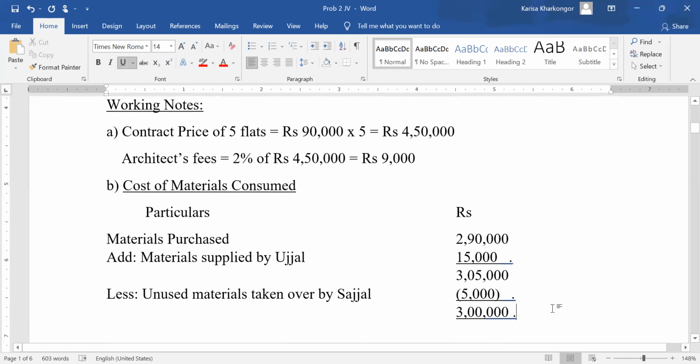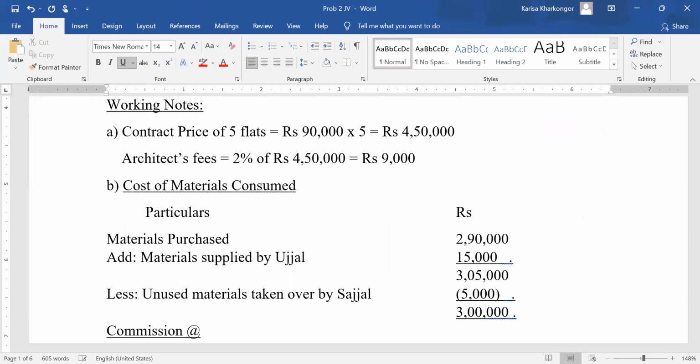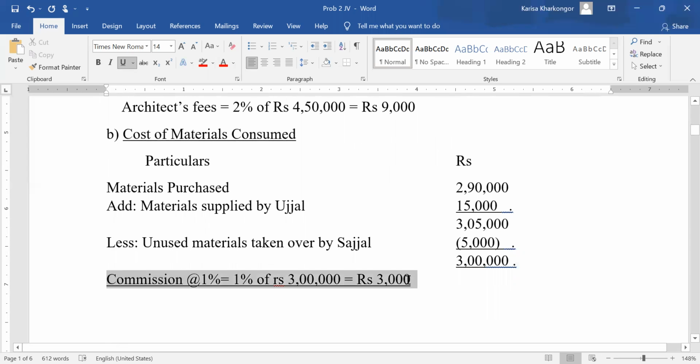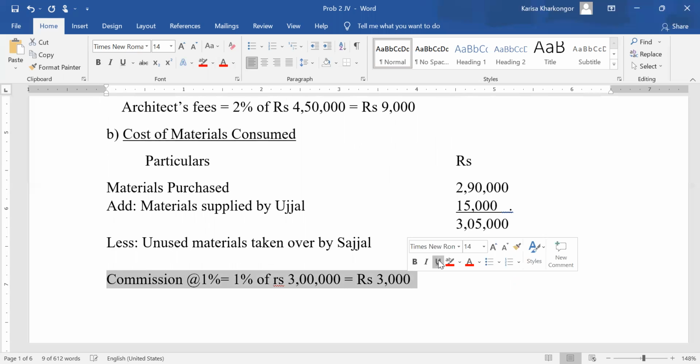Here, the cost of material used is rupees 3 lakh. So commission at 1% of rupees 3 lakh will be equal to rupees 3,000. So the commission entitled by Sajal is rupees 3,000.